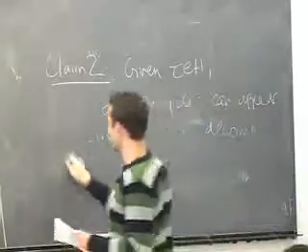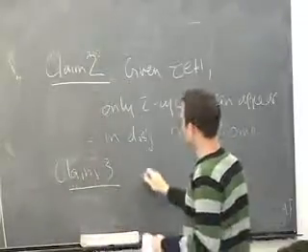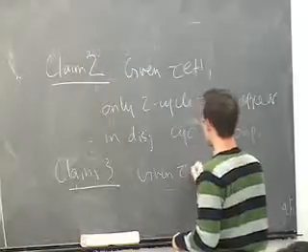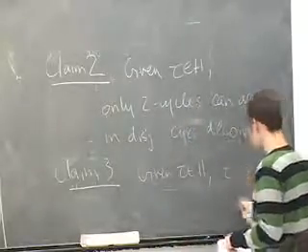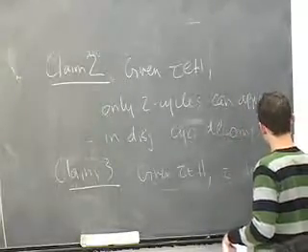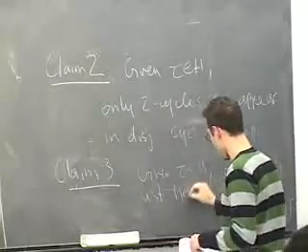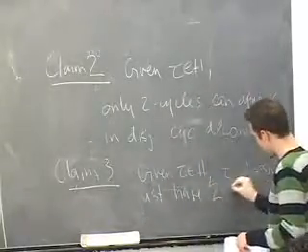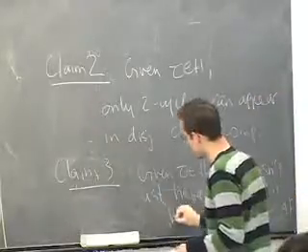Then claim 3 is the opposite: given tau in H, tau doesn't just have 2-cycles in its decomposition.